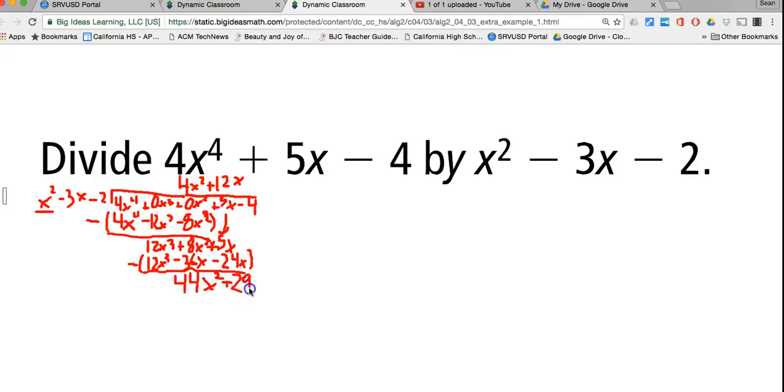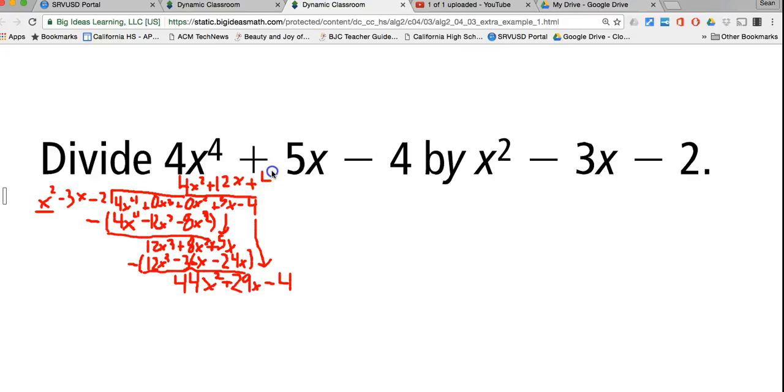Okay, now our last term that we have to bring down is minus 4. So we have 44x squared plus 29x minus 4. What do we need to multiply x squared by to get 44x squared? That is going to be 44.